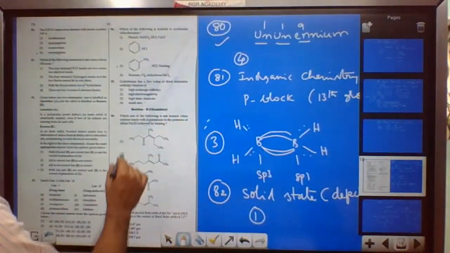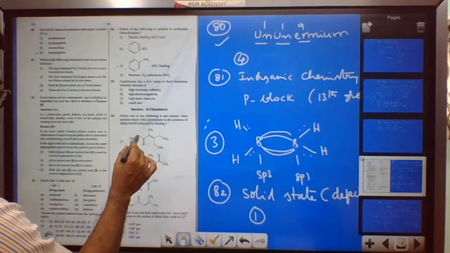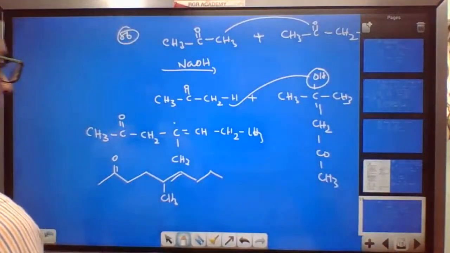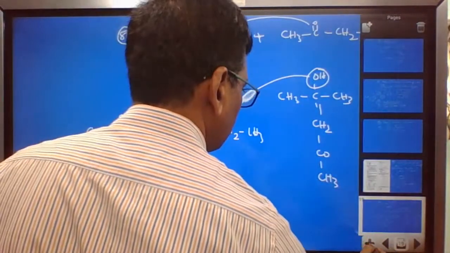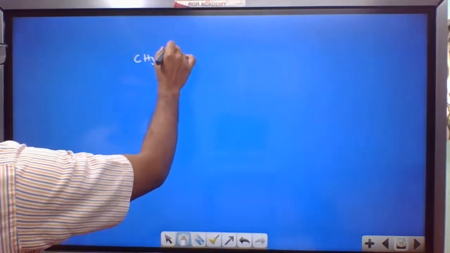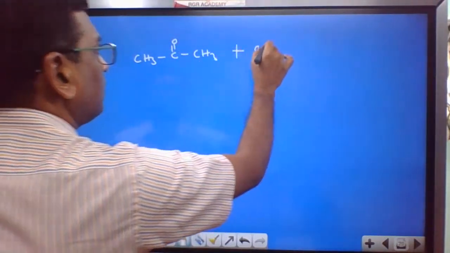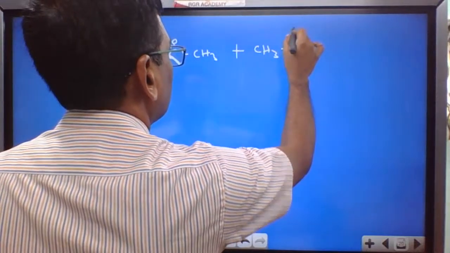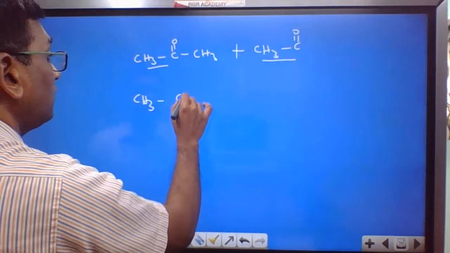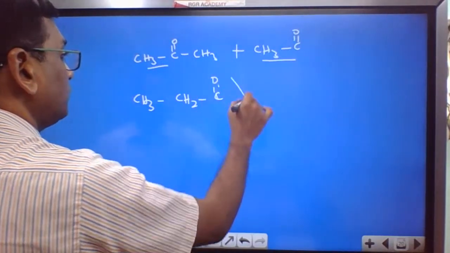So this is not possible. Why? CH3 single bond CH2. We are taking acetone. So that is not possible. Whenever you take acetone, and at the same time we are taking CH3, CO, both are nearby, so it is not possible to get CH3, CH2, C double bond O. So this is wrong.